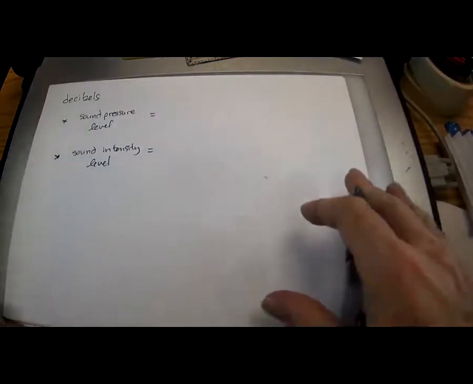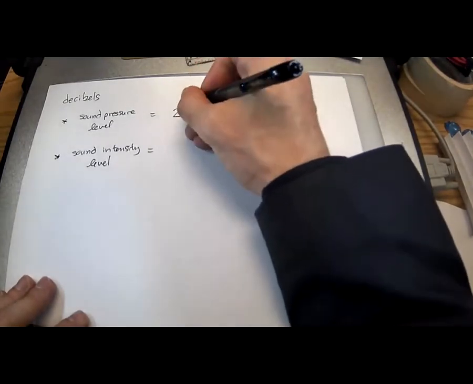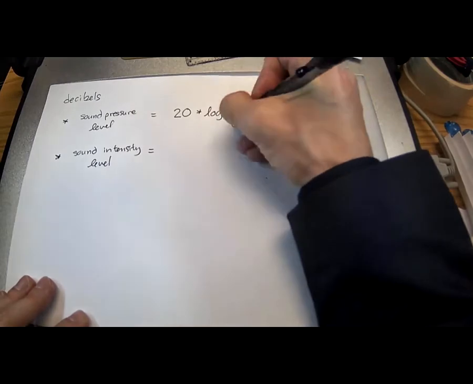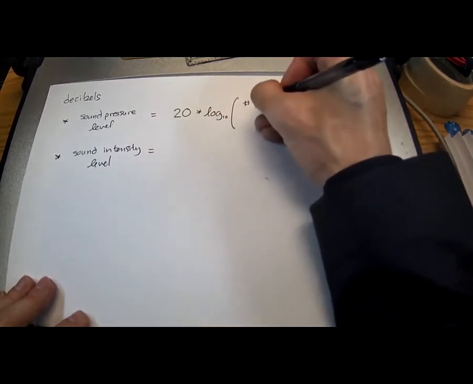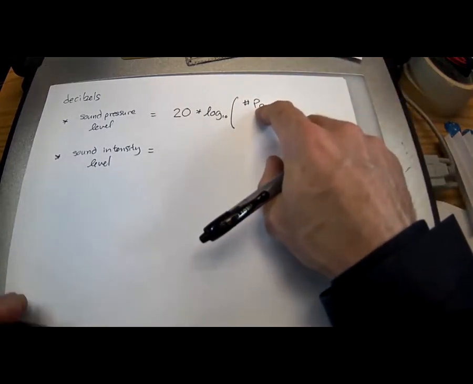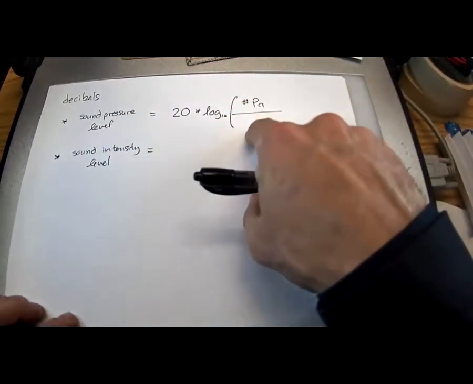So, formula first, I'll go back and explain it. Okay. So, sound pressure level, it's 20 times log base 10 of some number of pascals. Because you guys know sound is a pressure wave. Pressure is measured in pascals, right? Like newtons per square meter. Compared to, because decibels is really a comparison thing. You're comparing it to what?